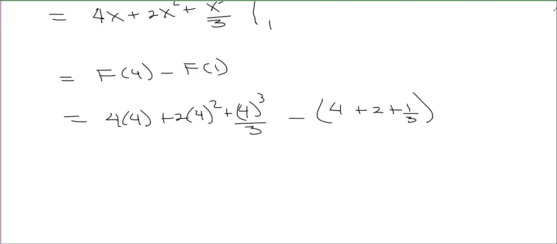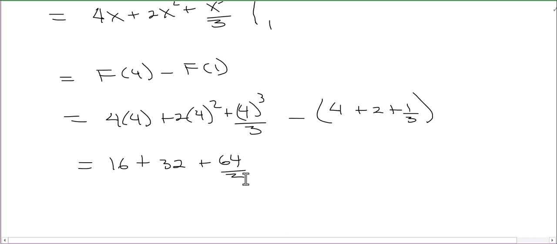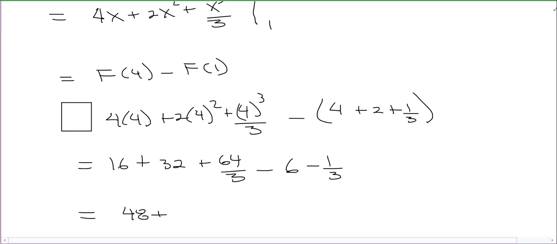And let's compute this out. What is this? 4 plus 2 is 6 plus 1/3. So it'll be minus 6 minus 1/3. So combining this, I'm going to get 48 plus, well, let's combine the things that are not fractions.